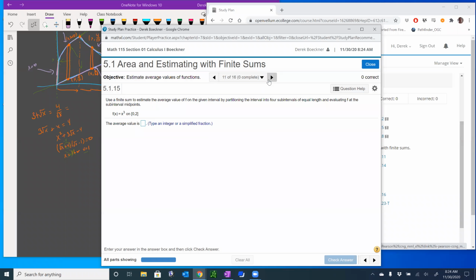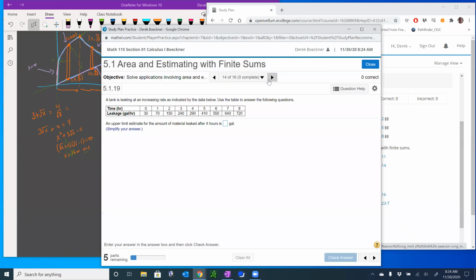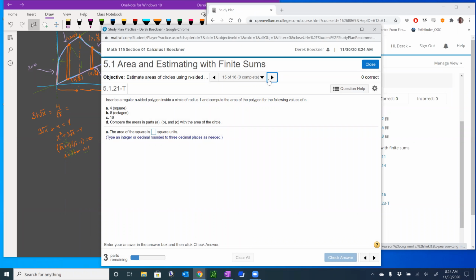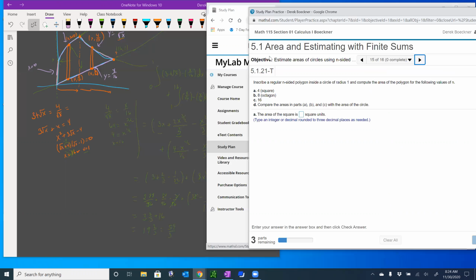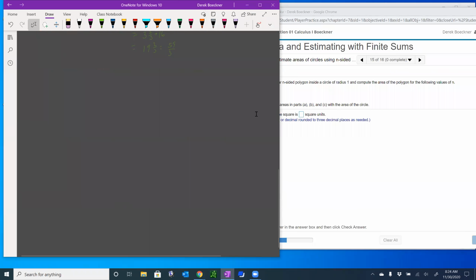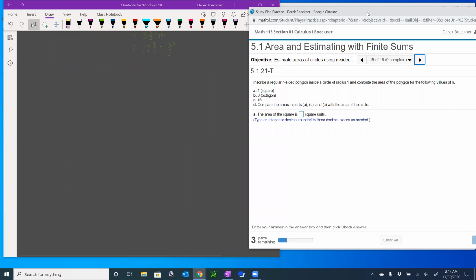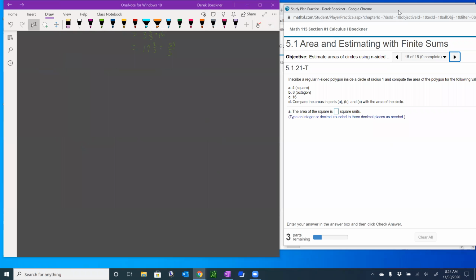Probably a faster way to do this, but okay, so we've got a circle. First, we're going to put a square inside, and we know that that is 1.